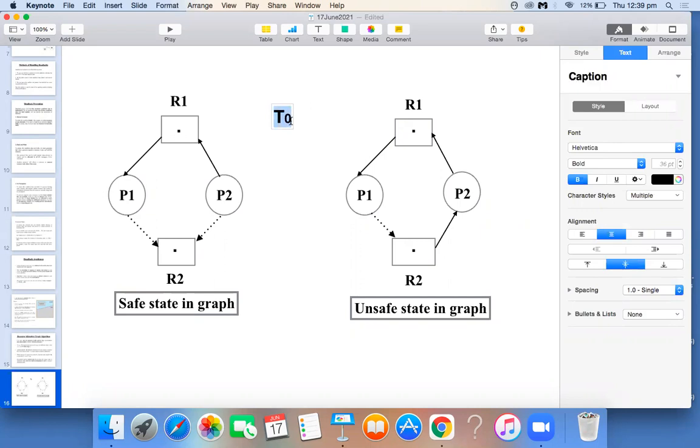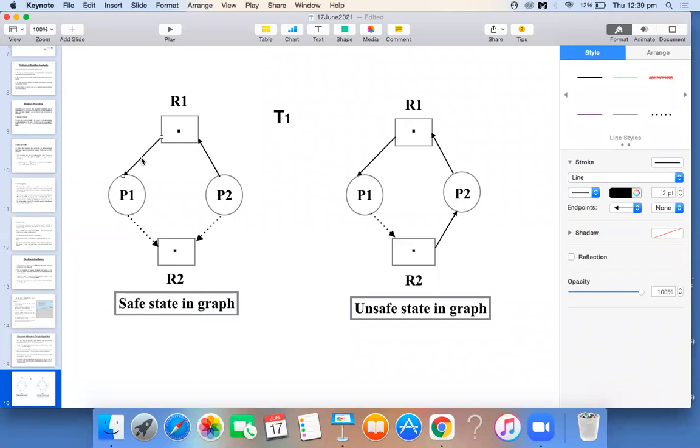When time becomes T1, like this, now you are converting that claim edge into which edge? When time reaches T1, you have to convert that claim edge into a request edge. Okay, right? Like this. Just a moment, I will show that to you.